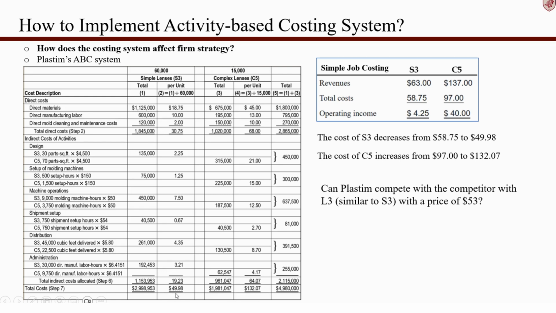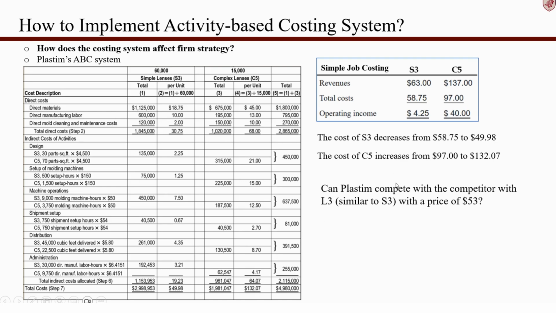If we compare this final number with the unit cost under the job costing, the cost of S3 now decreases from 58.75 to 49.98. And the cost of C5 increases from $97 to $132.07.